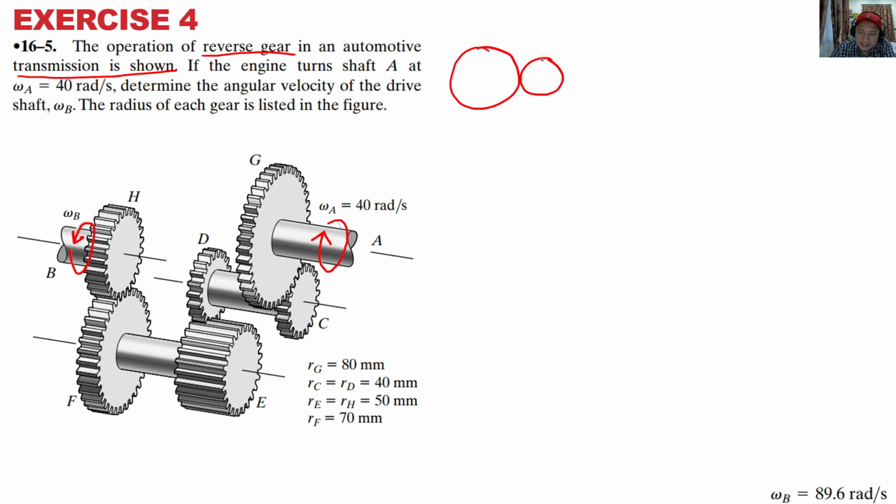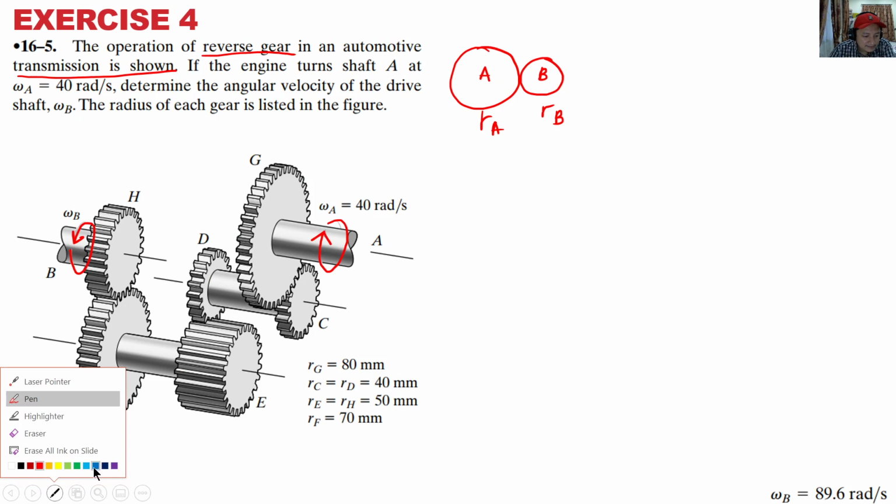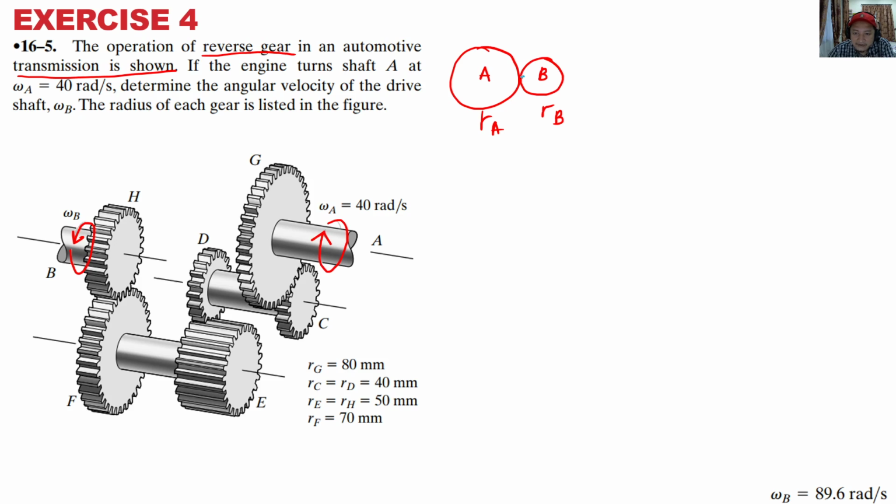If your gear is in mesh, this is A, this is B, this is RB, this is RA, it will have a common velocity at the meshed region.